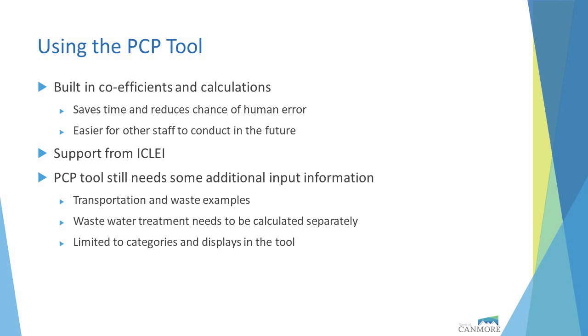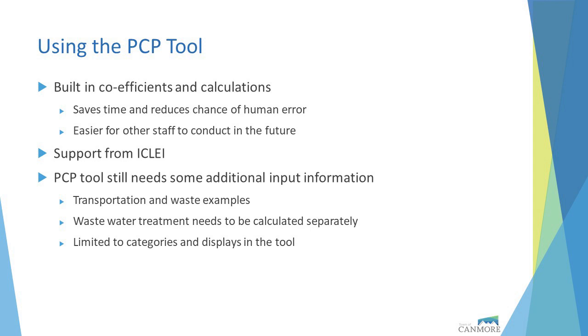I spent a lot of time, and this is where the frowning at spreadsheets comes in, going back and forth, trying to make sure I had the right information and that the emission factors hadn't been updated since the consultants put together our baseline. For the PCP tool, that's all done for you in the back end by ICLEI staff. And as anybody who's worked with big spreadsheets with lots of calculations can attest, there's a chance of human error.